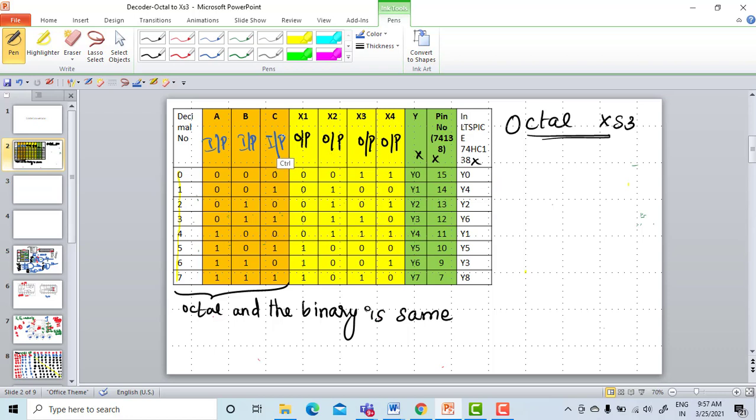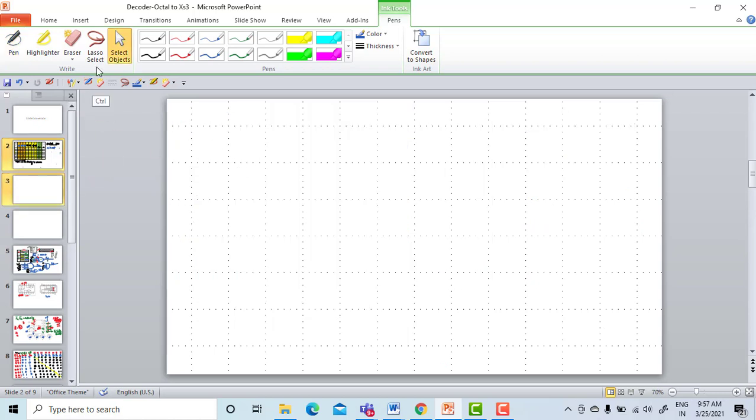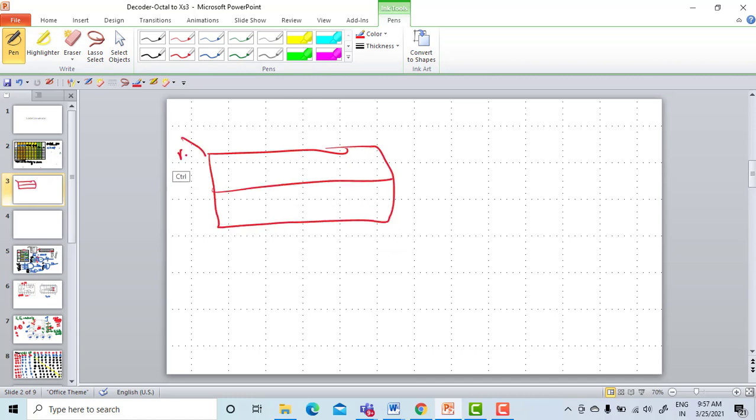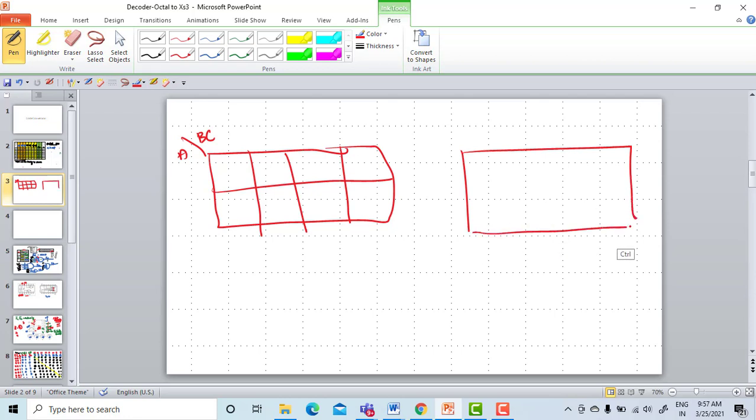So now how many K maps do we need? We need 4 K maps, one for each output. How will you do it? Here let me write the K map. So the inputs are only A, B and C. Okay, 1 2 3 4, and again you have an input here, 1 2 3 4.